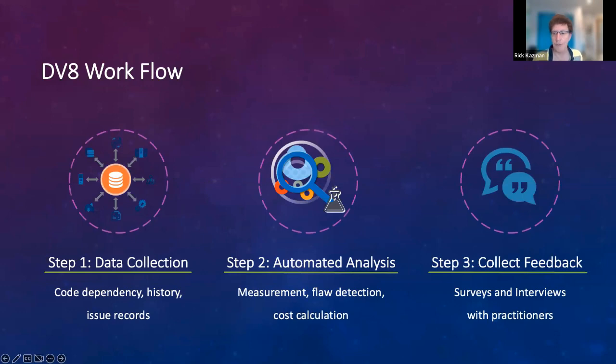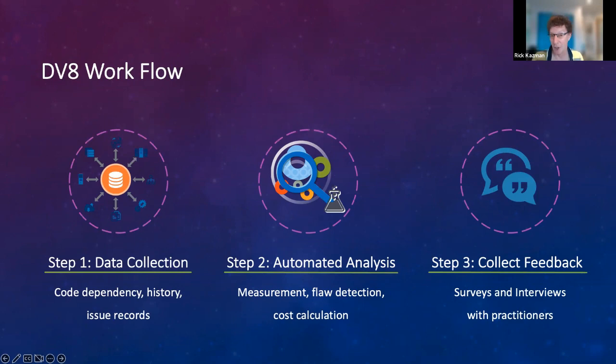And what we do to analyze these projects is, first of all, we collect data from the project, not surprising. We look at the code, but we also look at things like the revision history and the issues and the issue tracking system.